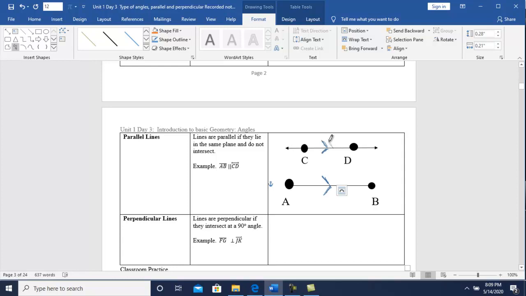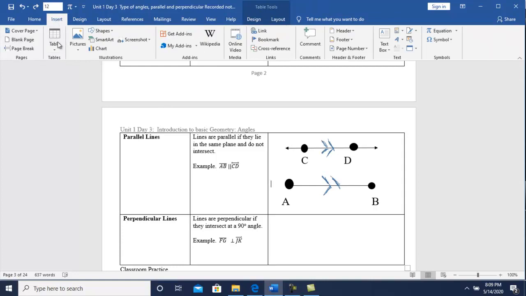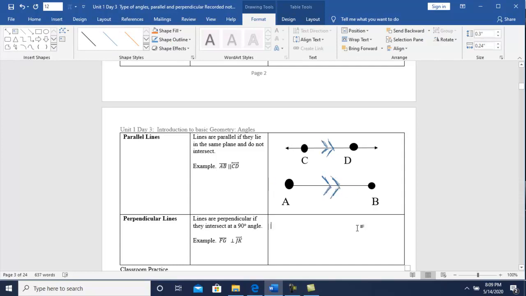If I use two on top, it's going to have to be two on the bottom. Ooh, that is way off.